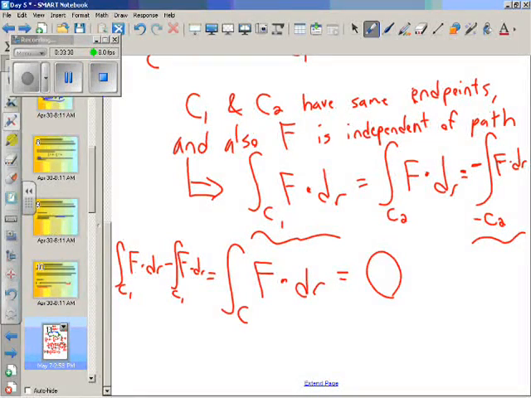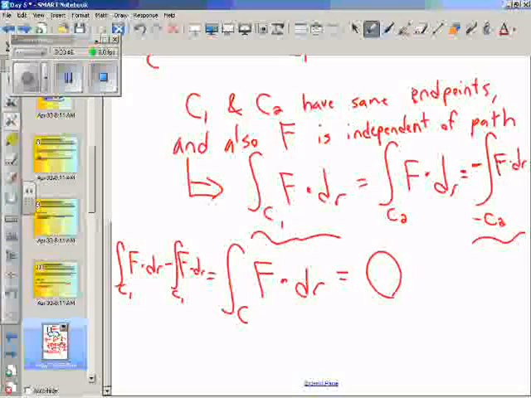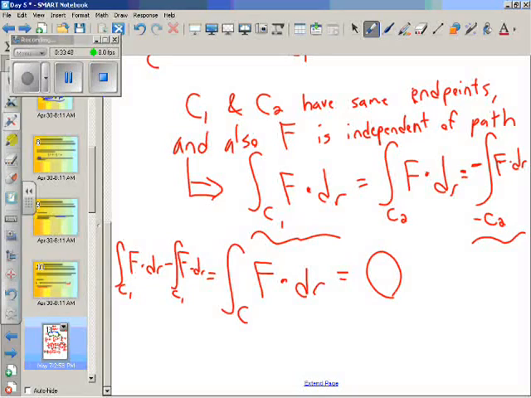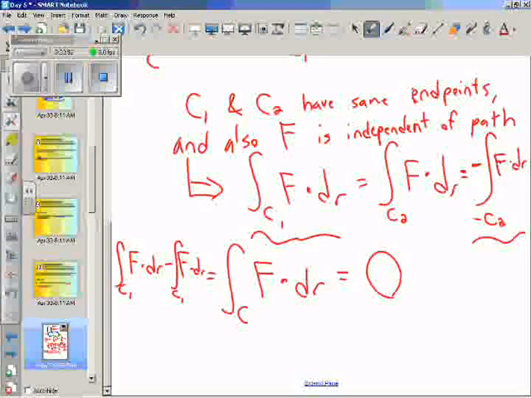And so that proves, going in that direction, that if f is independent of path, then around any closed loop we're going to get the integral to just be 0.